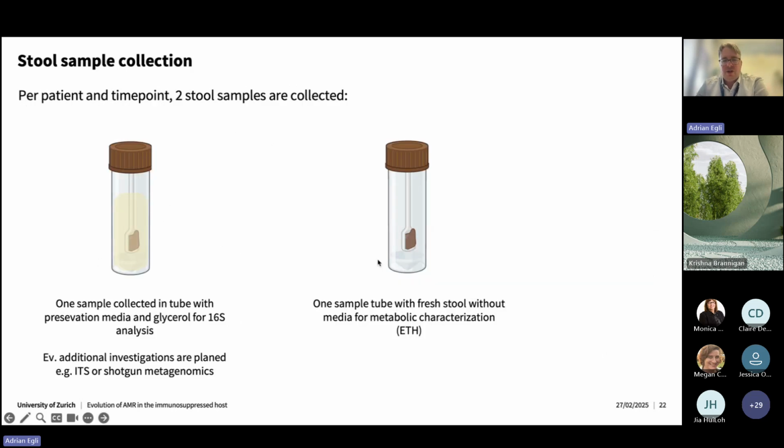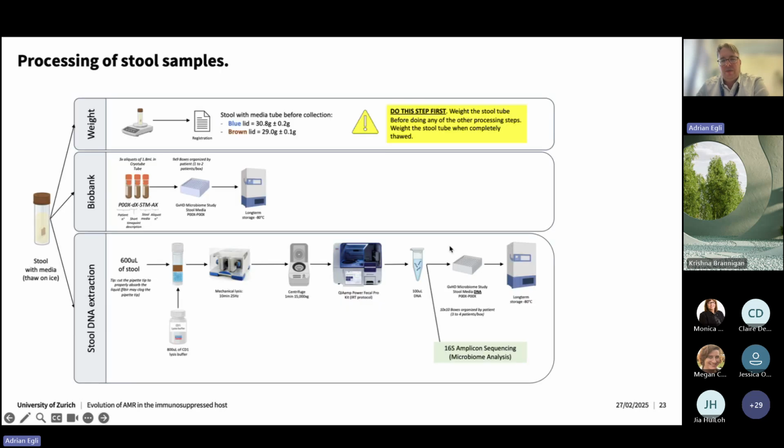We collect two types of stool, one which contains some preservatives, glycerol, etc. And we also do metagenomic or 16S based analysis, not shotgun at the moment. Eventually we will do it, but that's a bit of a funding problem here. And then what we also collect is native stools, and there we do metabolomic profiling from the stool samples. And the stools are processed in the following way.